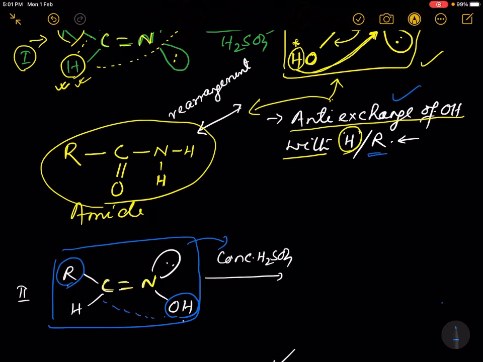They will exchange their positions around the carbon-nitrogen double bond, and we will be getting another oxime like this: RH double bond N, lone pair will be there, and this R will be retained over here, and the OH group is retained in place of R group. You see, this is OH and this is R. Here R exchanges its position with OH.